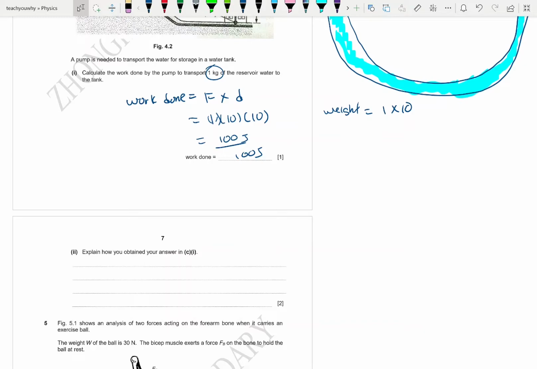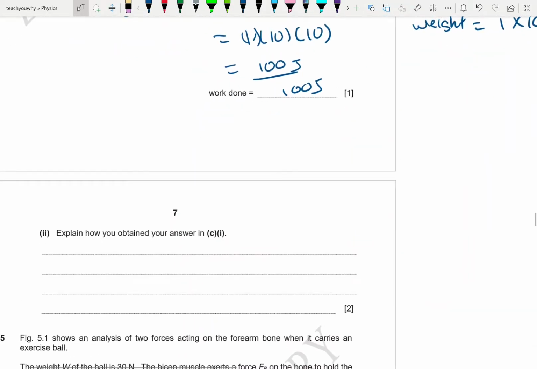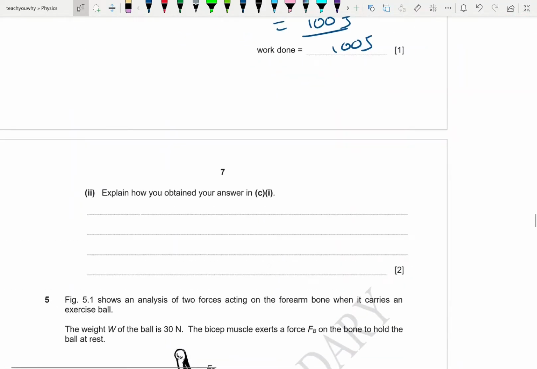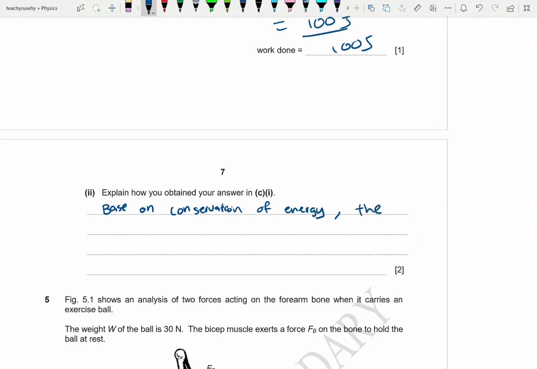So first of all, what we're going to say is, based on conservation of energy, the GPE at the building site will also be the same.